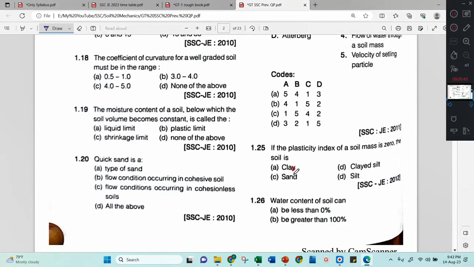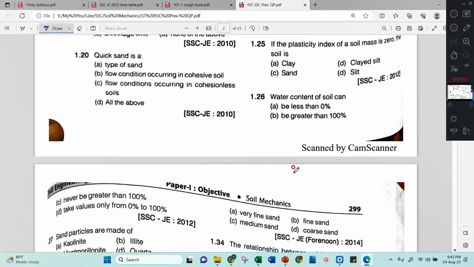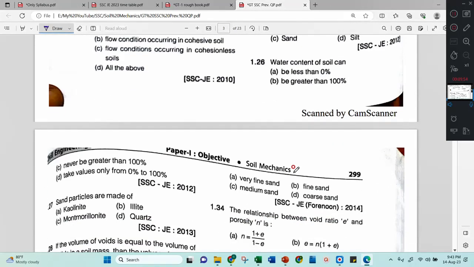Plasticity, skip. Water content of soil can be, answer this one. 1.26, answer. Other two options are here.